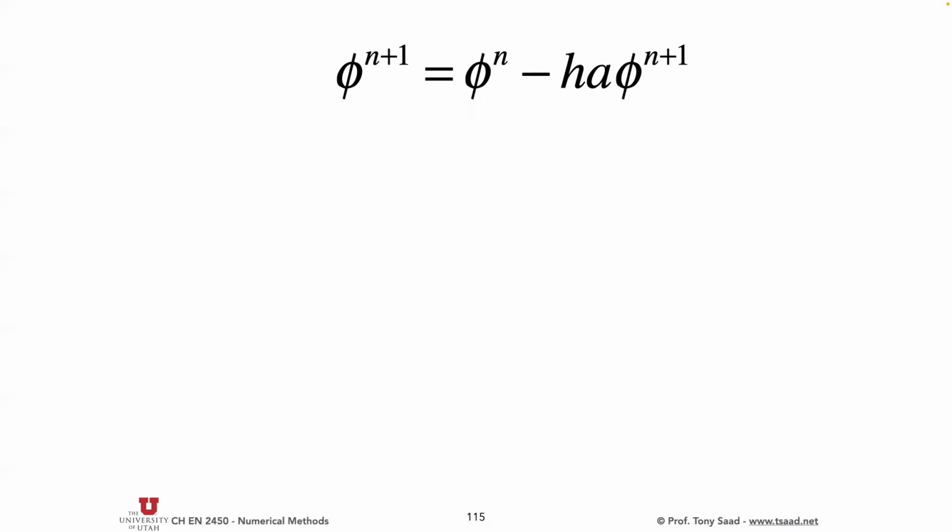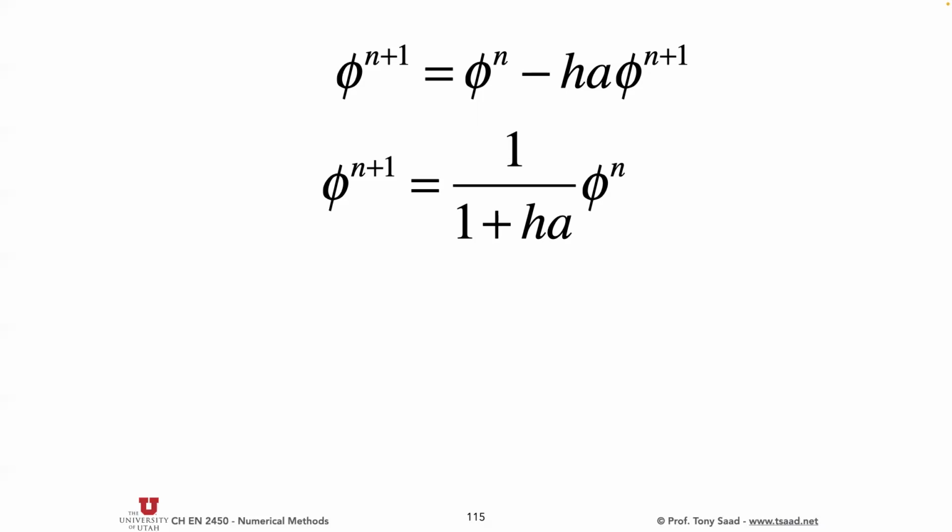Okay. I know you're all exhausted and mentally drained by the end of the semester. If you write phi n+1 in terms of phi n, you get some coefficient 1 over 1 plus HA times phi n. Just looking at this, you know that the only condition for phi n+1 to be less than or equal to phi n is for the denominator to be greater than or equal to 1, right?